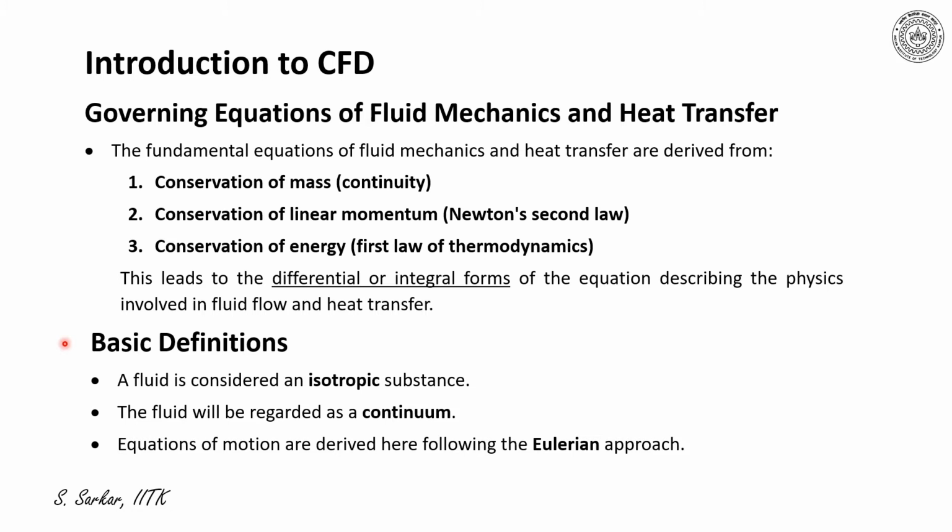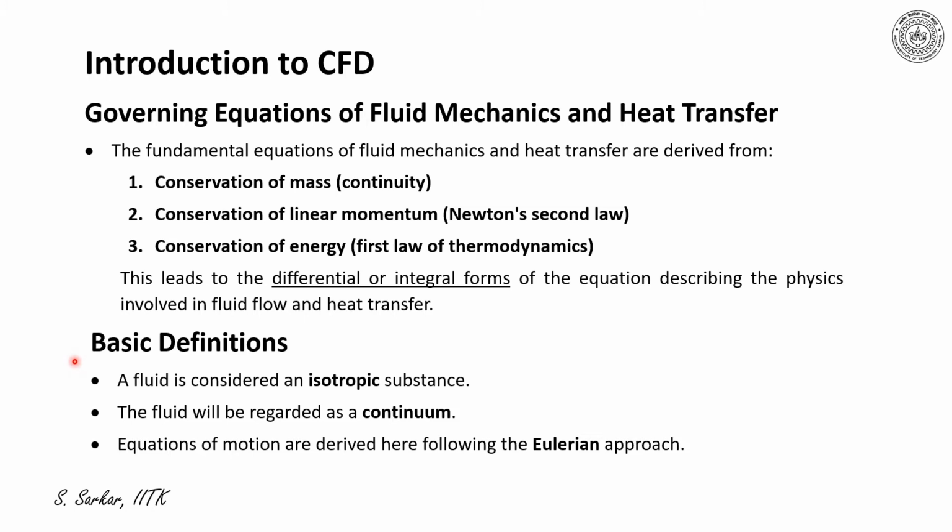A fluid is said to be isotropic when the relation between the components of stress and rate of strain is the same in all directions, and if this relation is linear, the fluid is called Newtonian. Furthermore, we'll regard the fluid as a continuum substance.